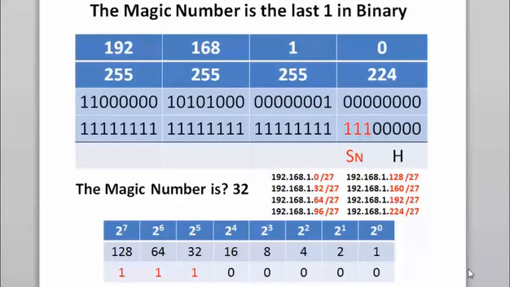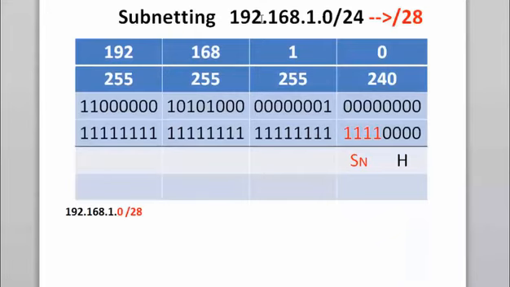Now that we see the pattern and how the last borrowed bit affects the location of the subnetworks, let's try it with a /28 subnet mask. Now I have the 192.168.1.0/24 network.